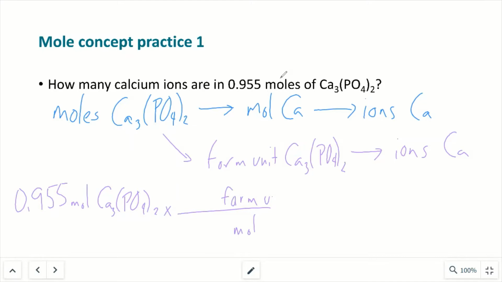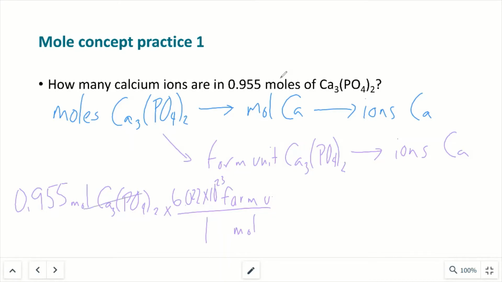So we're going from moles, big picture, to particles, formula units, small picture. Whenever we're going from something to particles, we know that Avogadro's number is going to be involved. Avogadro's number goes here with the formula units, 6.022 times 10 to the 23rd. There are Avogadro's number of formula units in 1 mole of the substance.